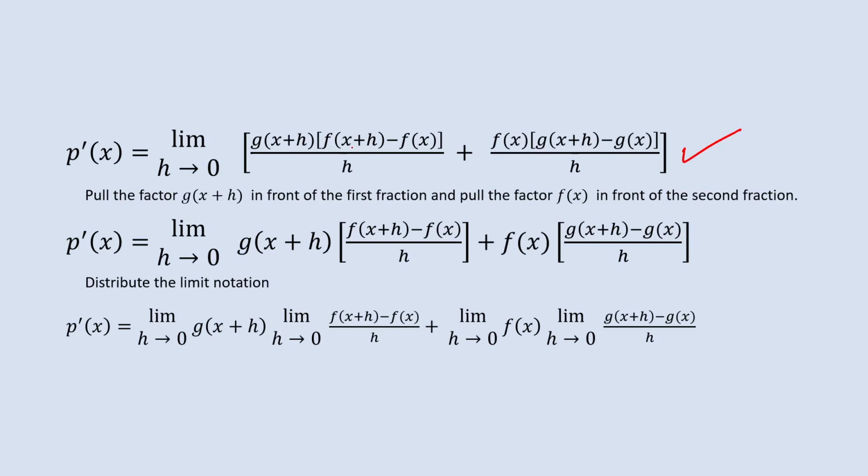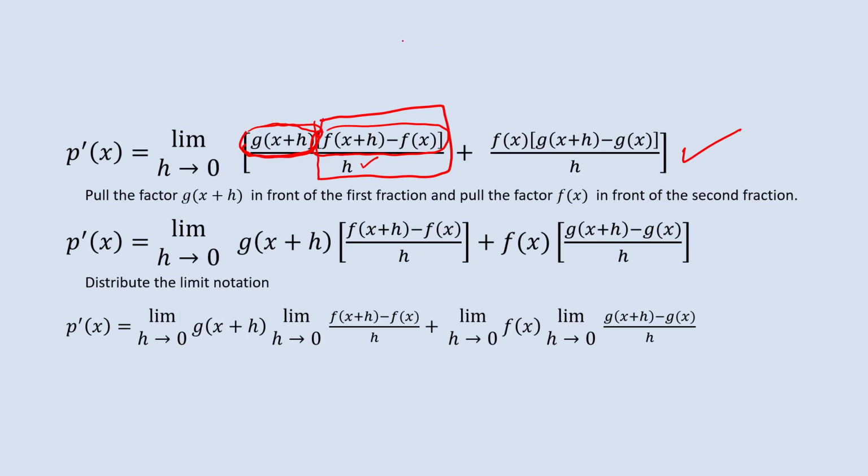Now, instead of saying g of x plus h times f of x plus h minus f of x all over h, I'm going to bring this part outside the fraction, and I'm allowed to do that.